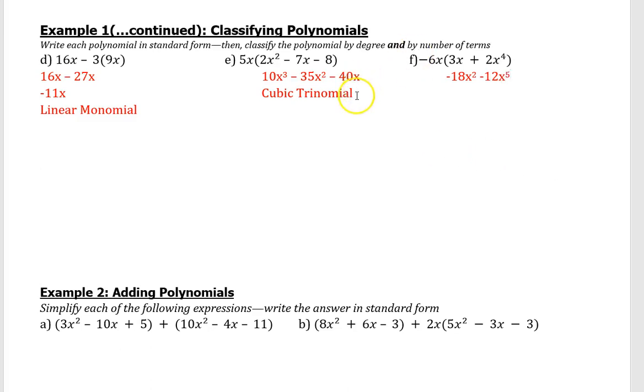Now, technically, what I have written there is wrong because it's not in standard form, so we've got to switch these around. So the standard form would put the negative 12x to the fifth first, and then minus the 18x squared. In terms of the name here, the highest power of x is 5, so the 5th degree, which is called quintic, and I have 2 terms, so binomial.